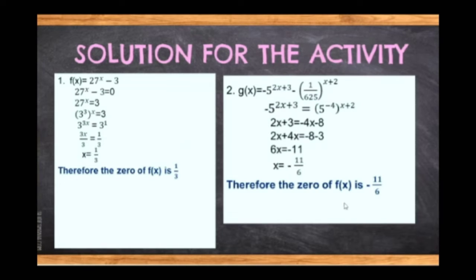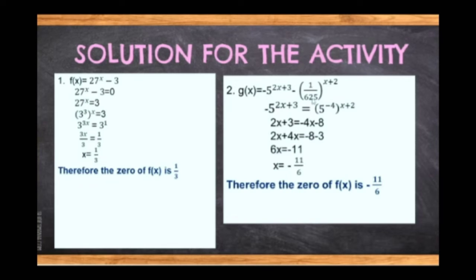Then number 2, g of x is equal to negative 5 raised to 2x plus 3 minus quantity of 1 over 625 raised to x plus 2. We just need to equate it to 0, then solve for x. Negative 5 raised to 2x plus 3 is equal to 5 raised to negative 4x plus 2.